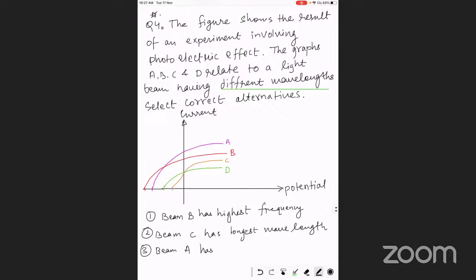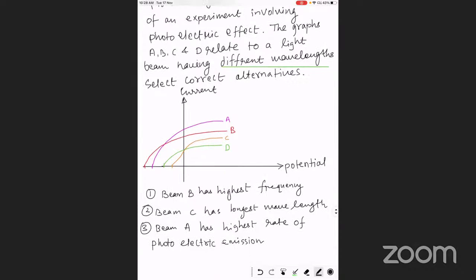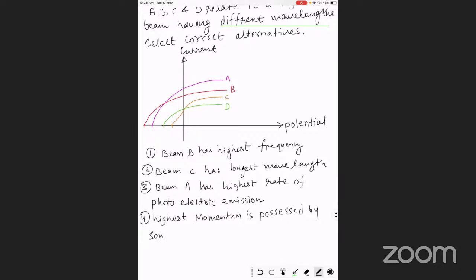Third, beam A has highest rate of photoelectric emission. And fourth, highest momentum is possessed by some electrons emitted by B.